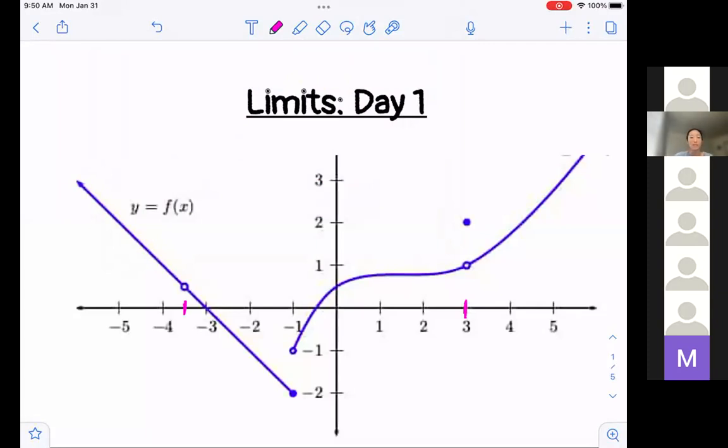What makes you say that these two are different from each other? Okay, great. So in the chat, Dallas has said at X equals 3, there actually is a dot somewhere there. But at X equals negative 3.5, it's just the hole, there's no dot.